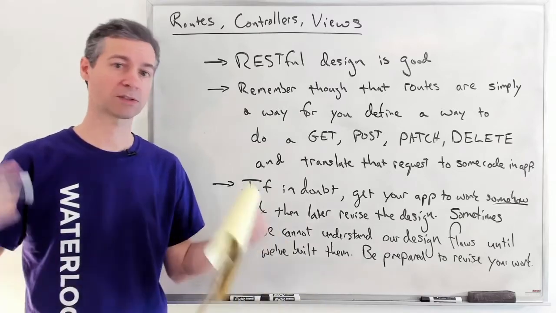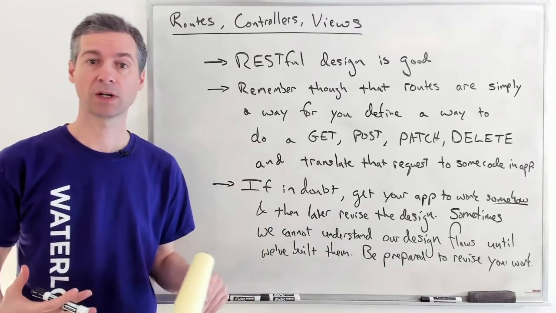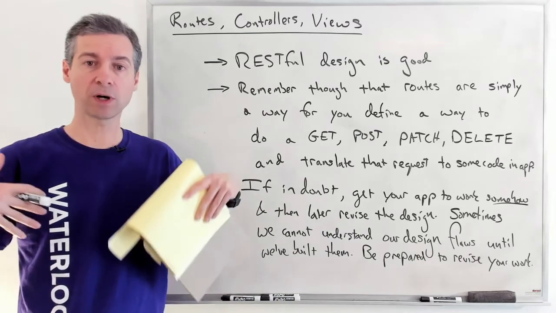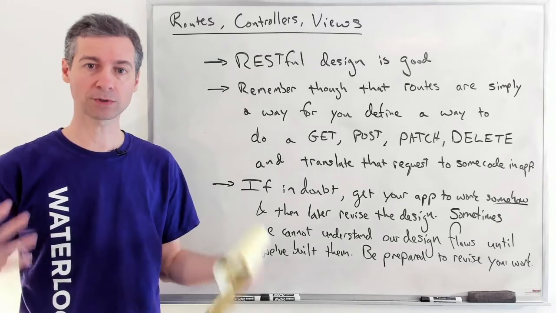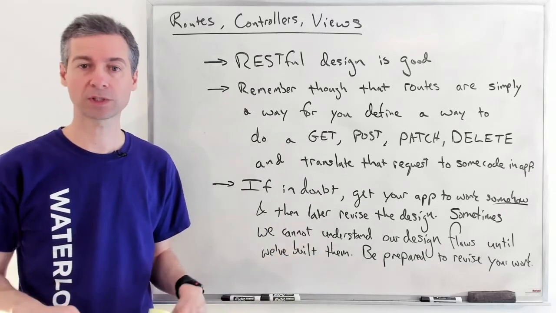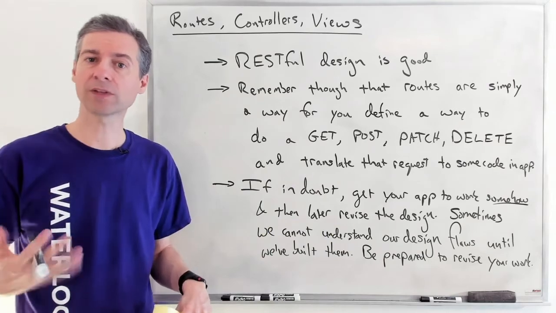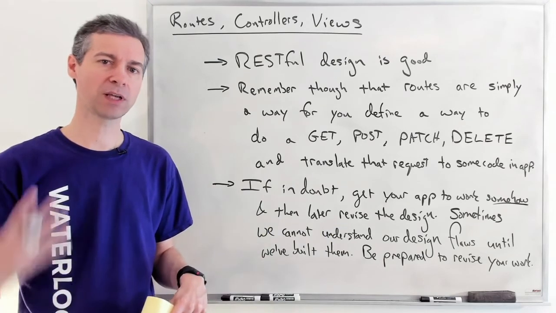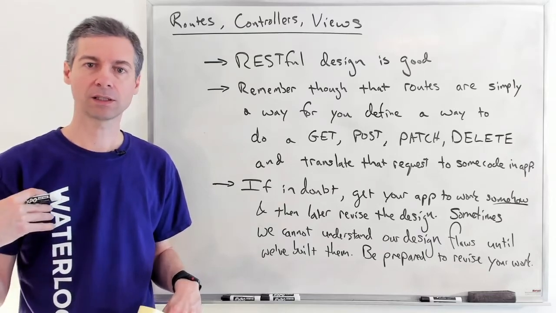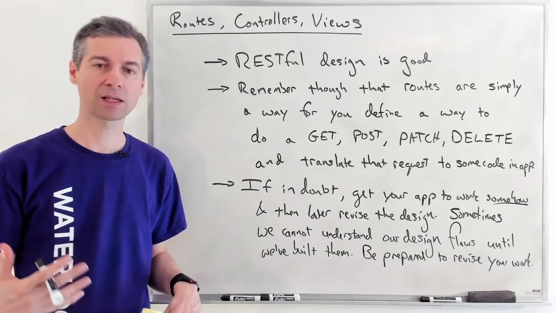Maybe reading lists. That's a resource. And we're going to have routes for all of those things based upon the standard resource routes that we have looked at before. And we'll just follow that, and we'll naturally end up with a very nice RESTful design.